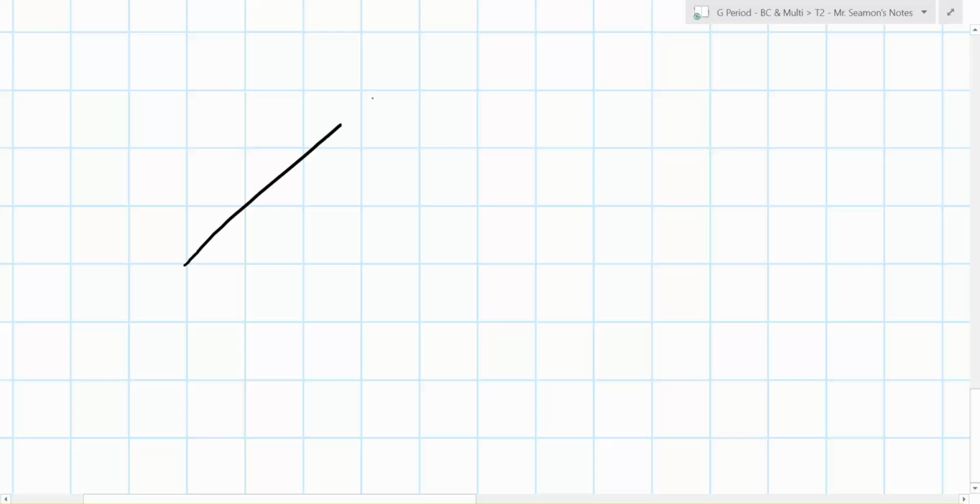So I'm going to draw for you a couple of vectors. We'll call this one W right here, and let's call this one V. These two vectors represent any two vectors in 3 space.